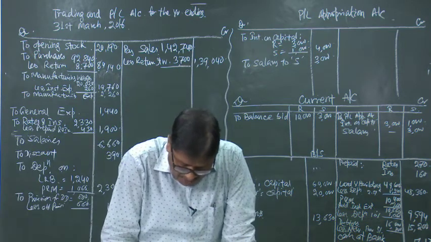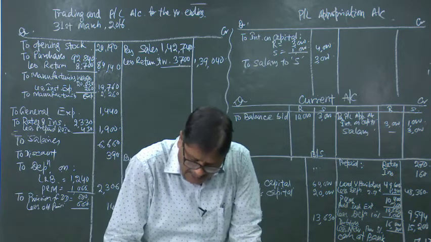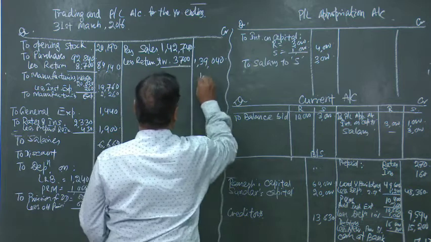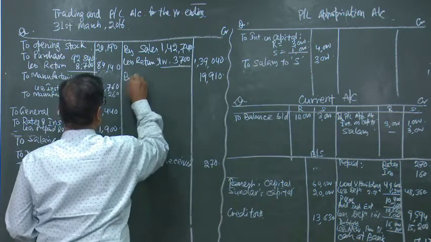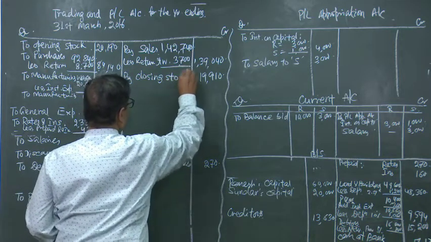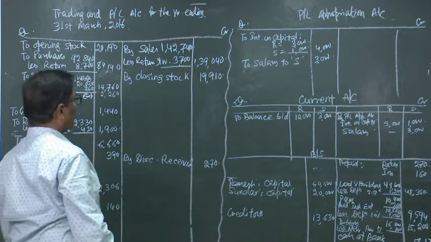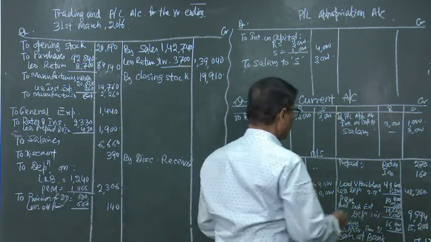All right. The stock on 31st March 2016 amounted to 19,910, that is the closing stock, which is given in the adjustment. So, we have to give two effects. Here is the credit effect and the debit effect we can write here.